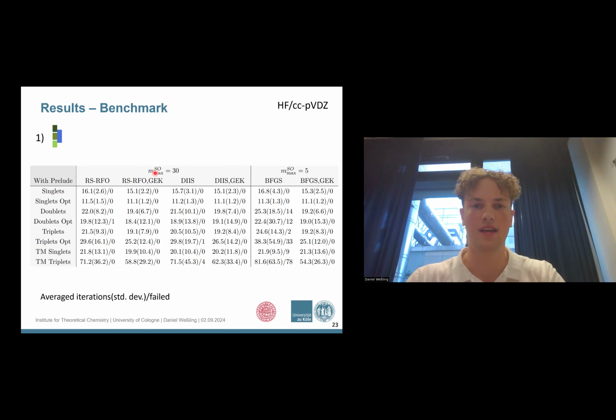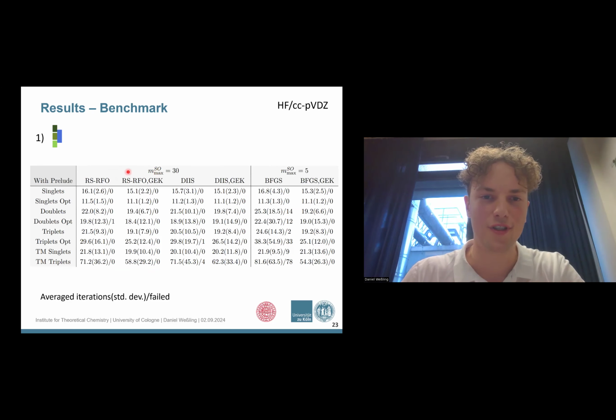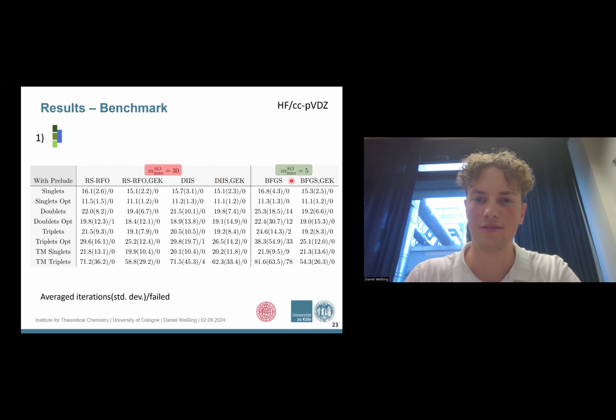So let's expand this table a little bit. Unfortunately, I made a small mistake or bigger mistake in my benchmarking, where I used this maximum number of iterations that are put in the second order methods with a too big value. So we can't compare these methods here with these methods, which is a bit unfortunate.